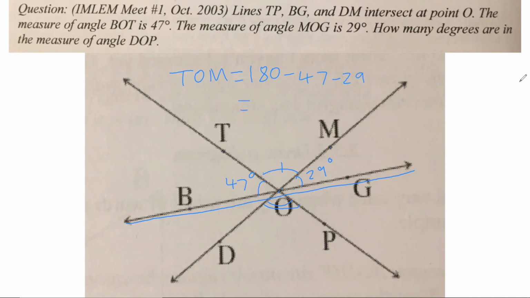And that should come out to 104 degrees. But don't forget what we learned from the warm-up problem: if we have a line here and a line here, opposite angles are always going to be equal. So TOM is equal to DOP, which means the measure of DOP is 104 degrees.